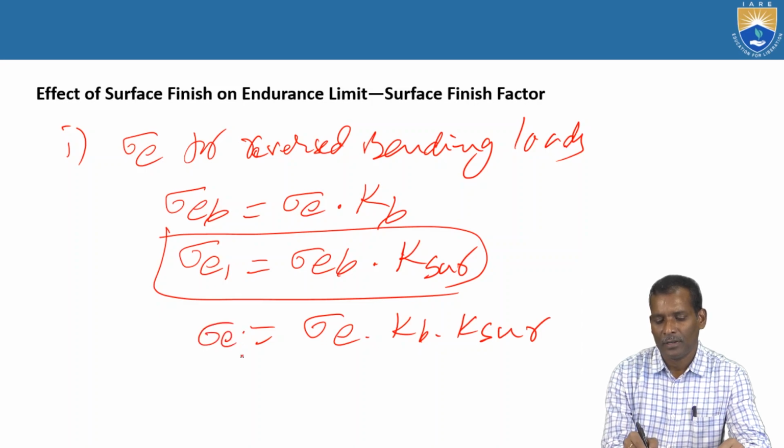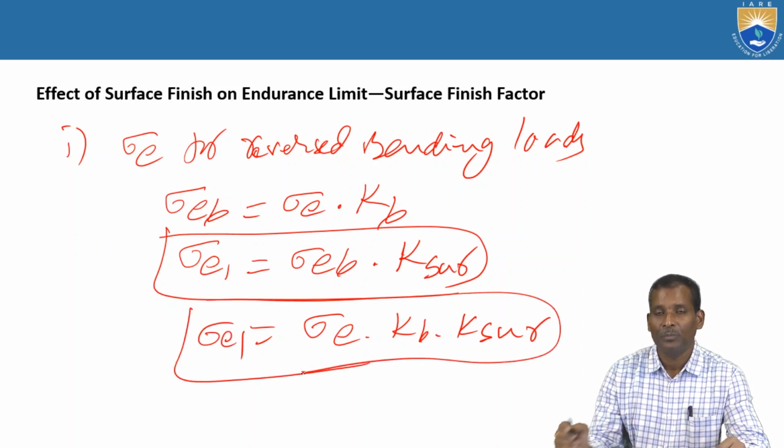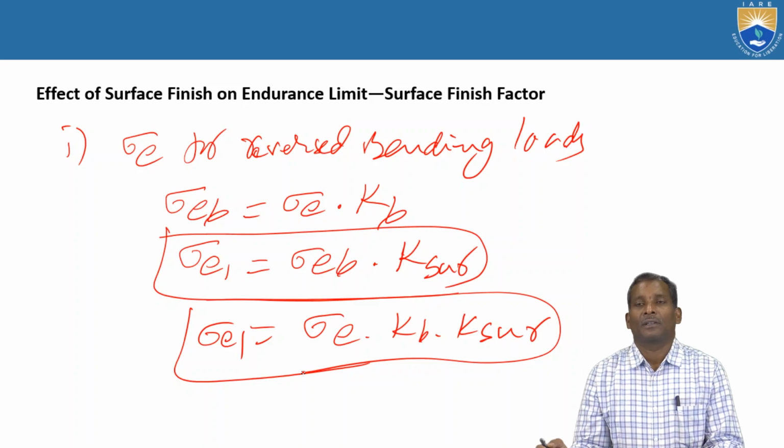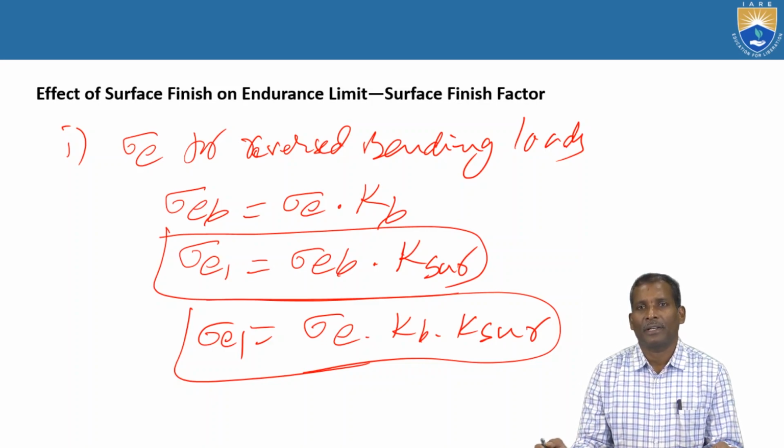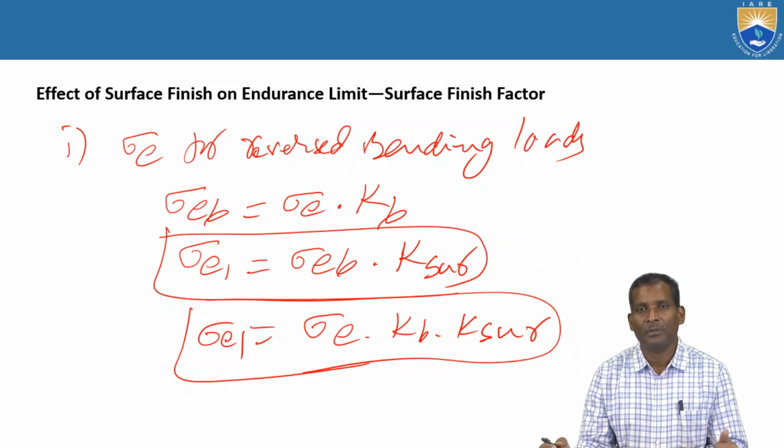This is our endurance limit value for reversed bending loads while considering surface finish factor, so it is sigma E into KB into K surface.